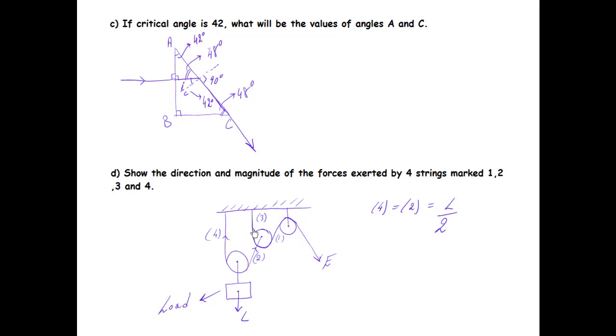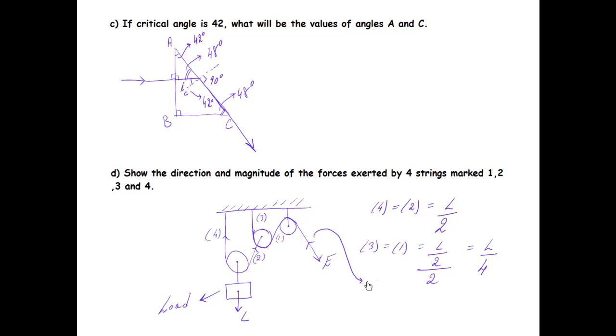Now the tension here will be balanced by these two strings, the ones marked as number 1 and number 3. So tension of 2 will be balanced by tension of strings number 3 and 1. So in that case we can say tension 3 and 1 are equal, and it will be half of L by 2, which will be equal to L by 4.